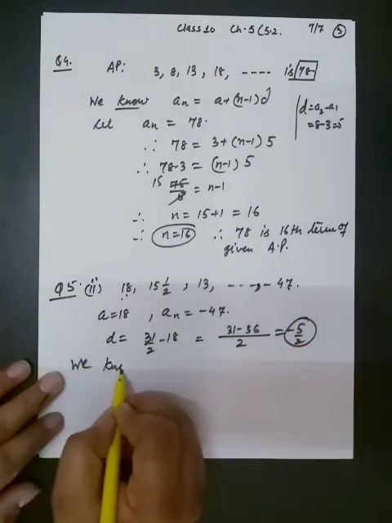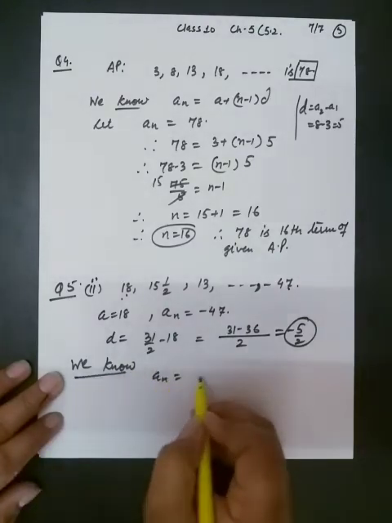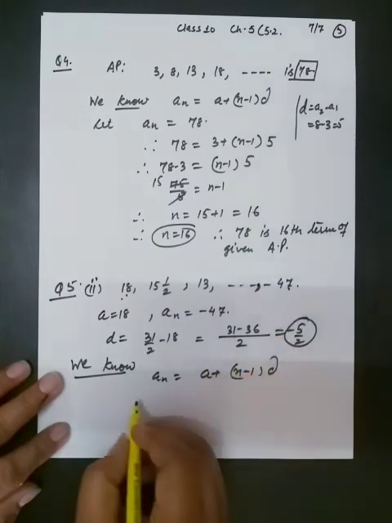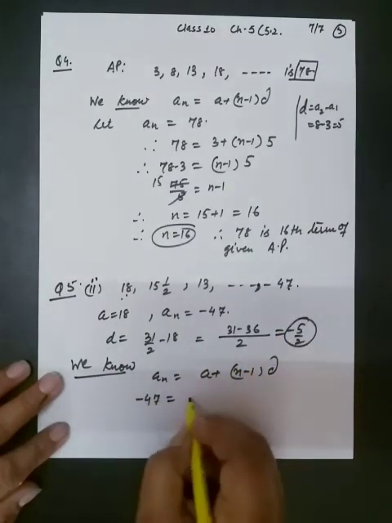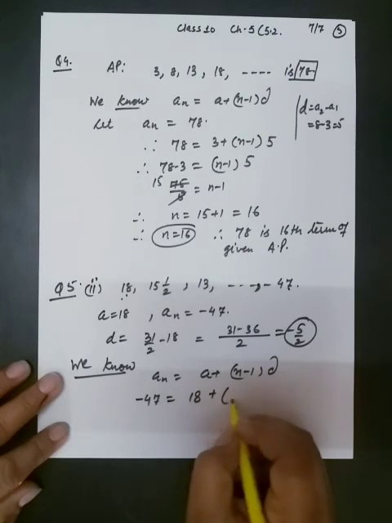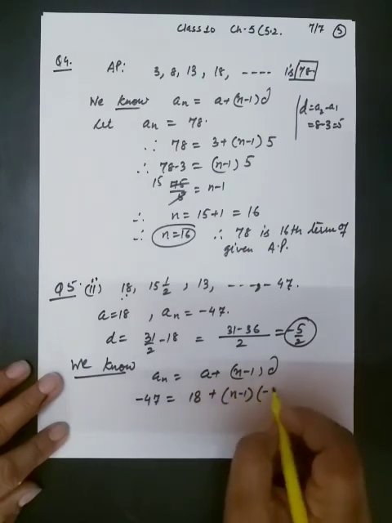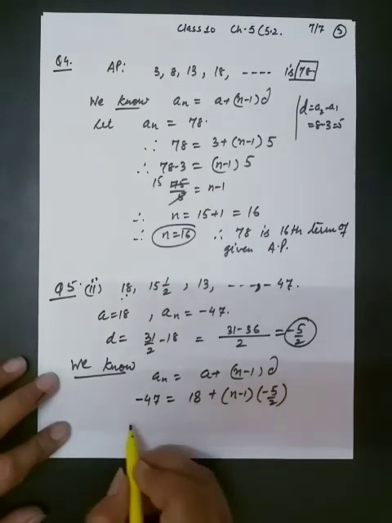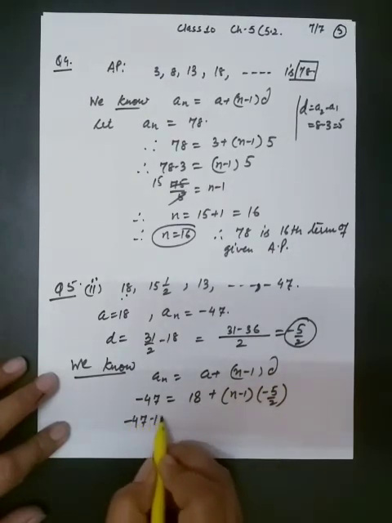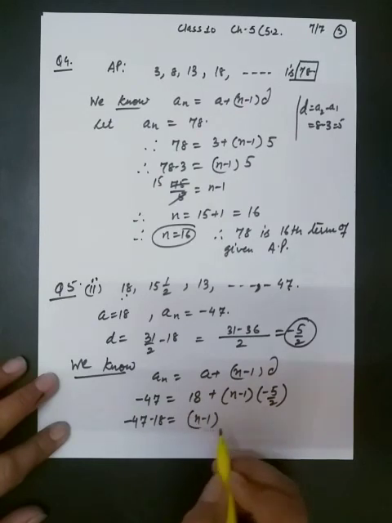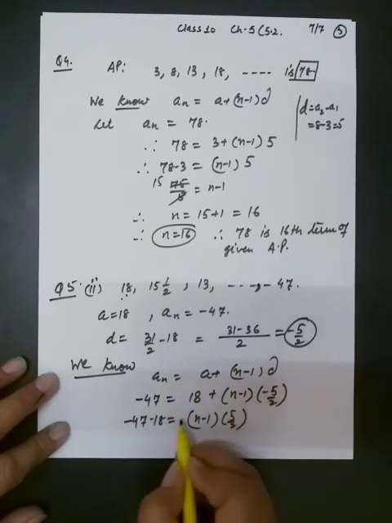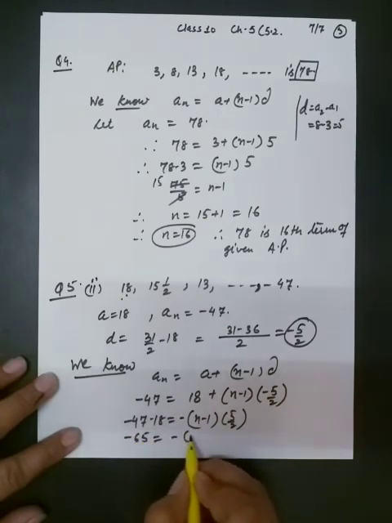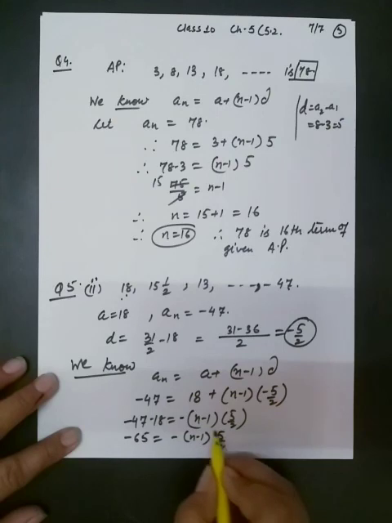Again we know AN is equal to A plus N minus 1 into D. Now put the given values. Here AN is minus 47, A is 18 and N is not known, and D is minus 5 by 2. Again first of all you have to separate 18: minus 47 minus 18, and minus 1 or 5 by 2, you can put this negative sign here, and it is minus 65 equals minus N minus 1 into 5 by 2.